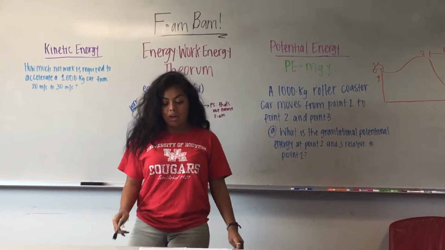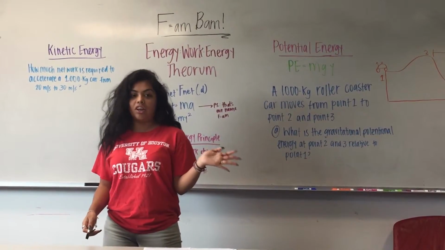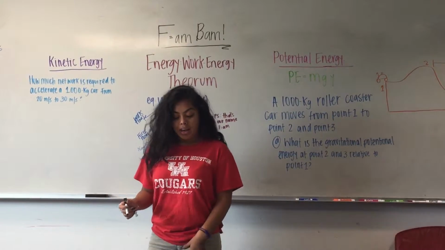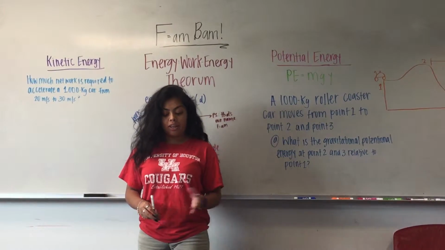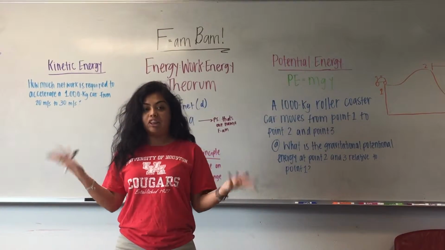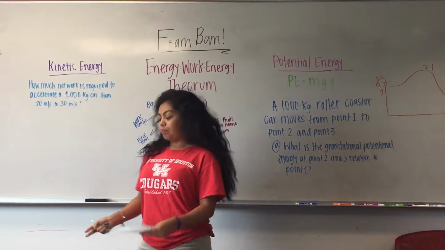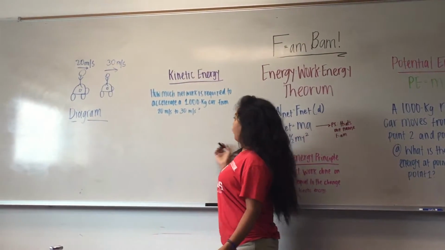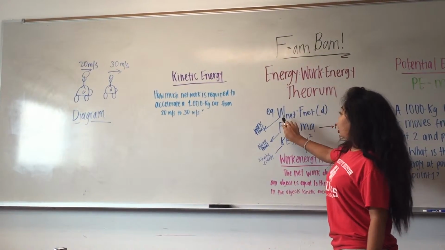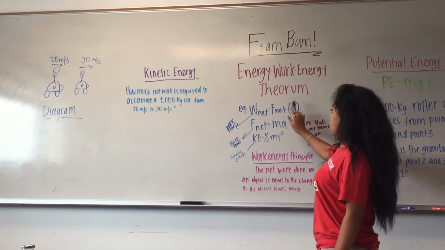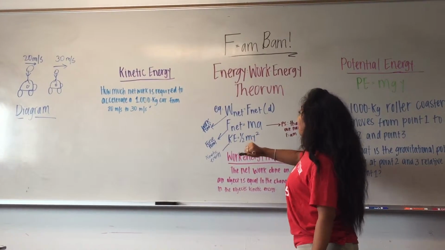In many cases, moving objects exert a force on a second object which goes through a displacement. An object in motion has the ability to do work, and thus can be said to have energy. Energy in motion is called kinetic energy. The general equations are: net work, which is total work, equals net force times displacement.